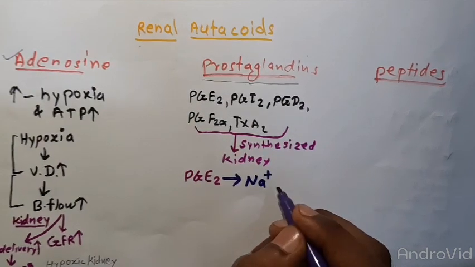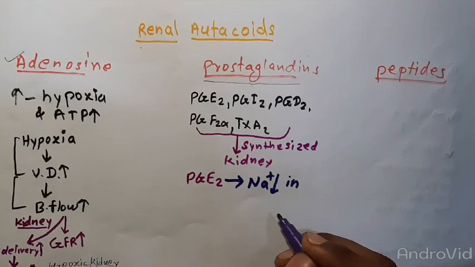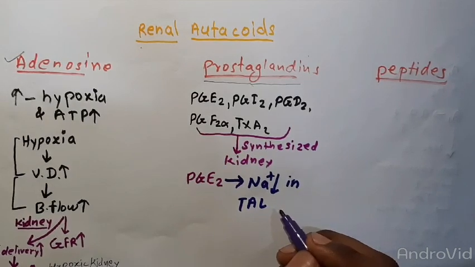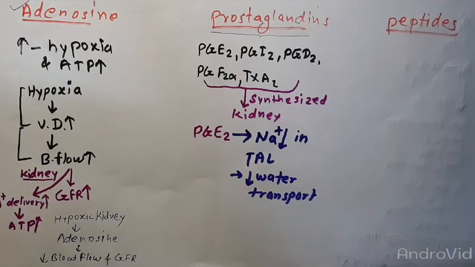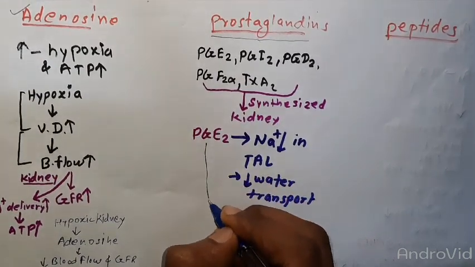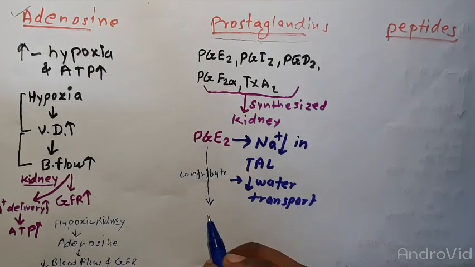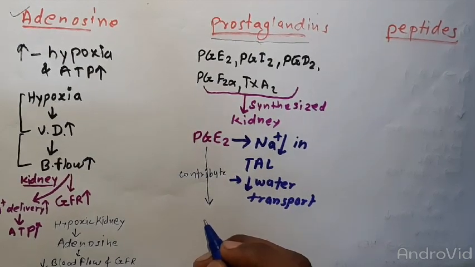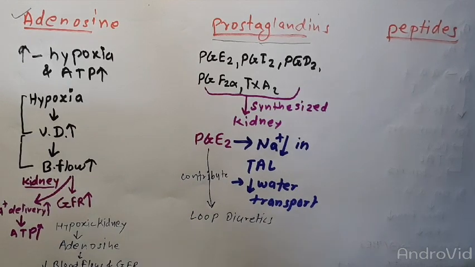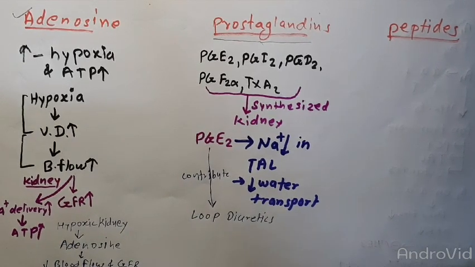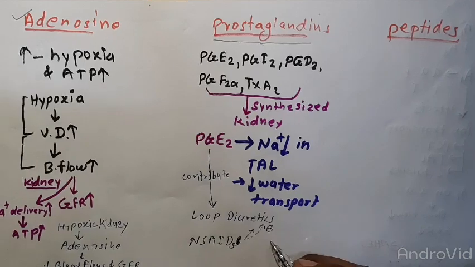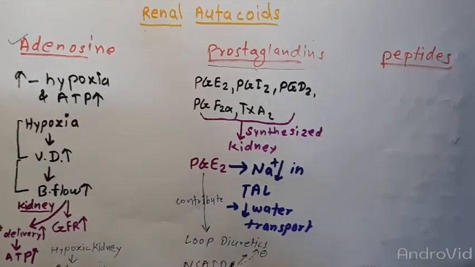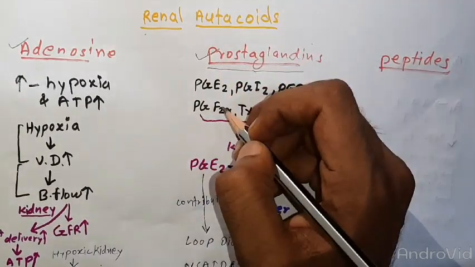It decreases the sodium ion reabsorption in the thick ascending limb of Henle's loop, and it also decreases the ADH mediated water transport in collecting tubules. These actions of PGE2 contribute significantly to the diuretic efficacy of loop diuretics. This is the reason why the blockade of prostaglandin synthesis with NSAIDs can interfere with the loop diuretics. So with this we are done with the renal prostaglandins.